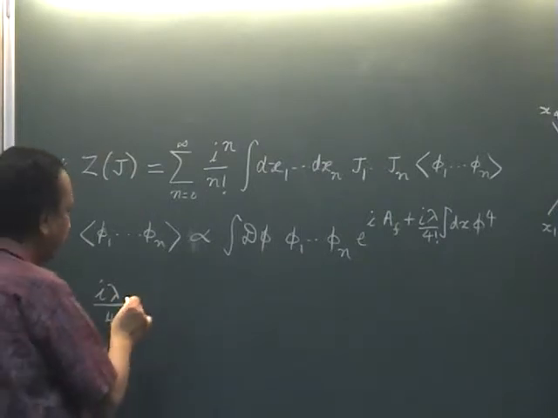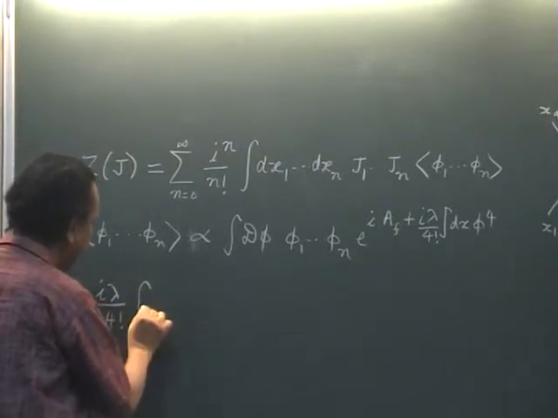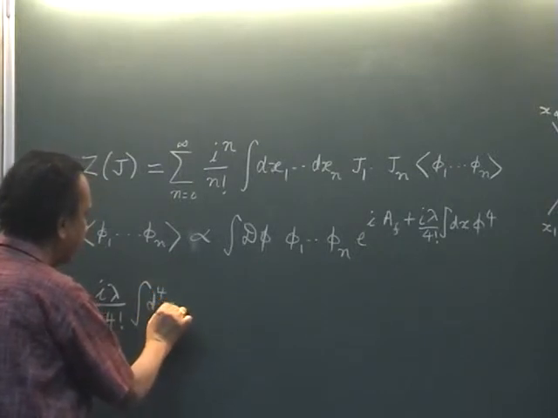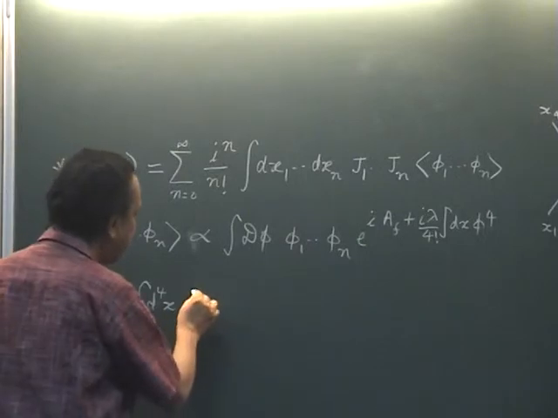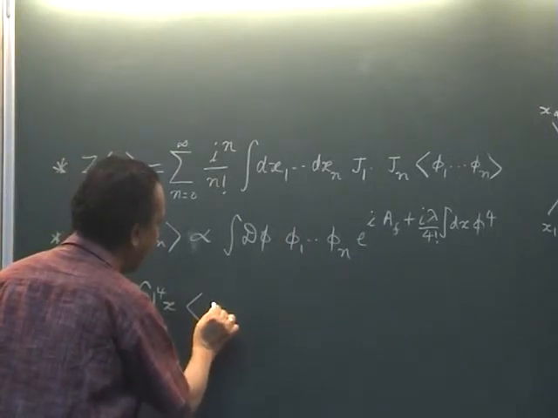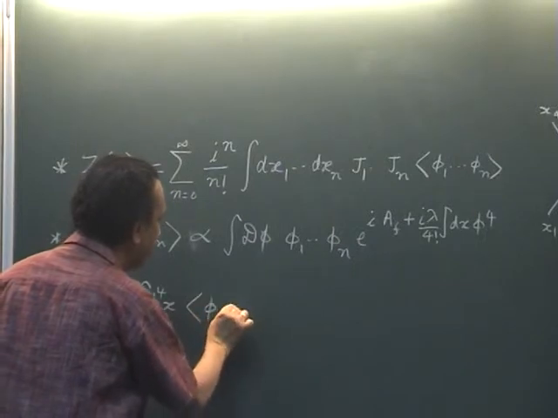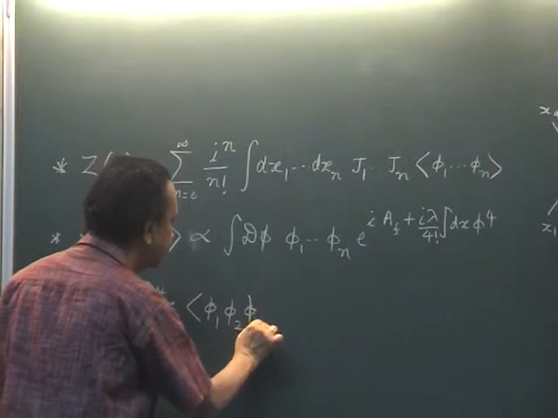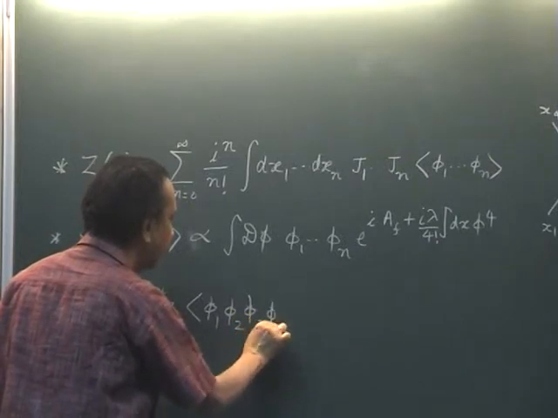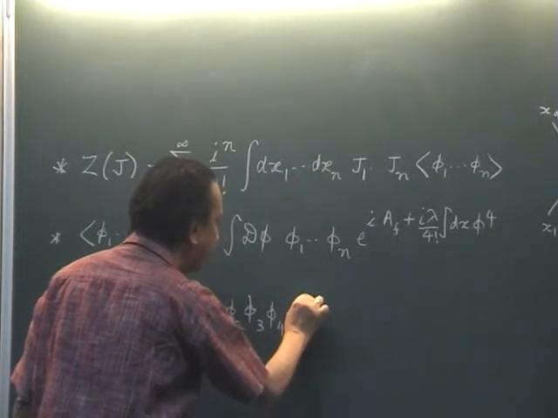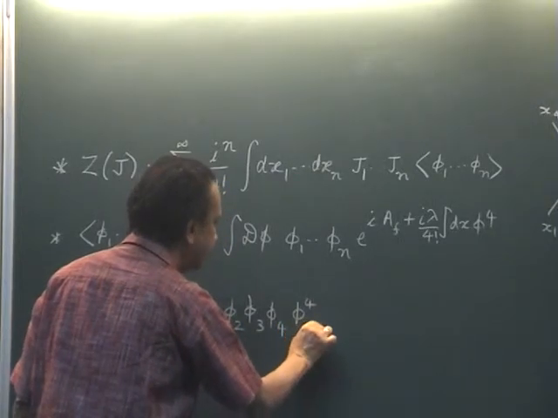Then you will need to compute, of course there is an integral over d4x finally. You want to compute the average which is given by phi 1, phi 2, phi 3, phi 4, then I have a phi 4 evaluated at x.